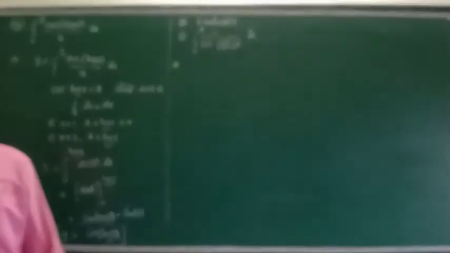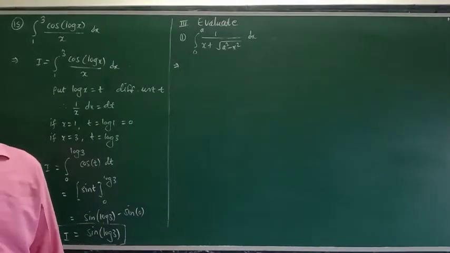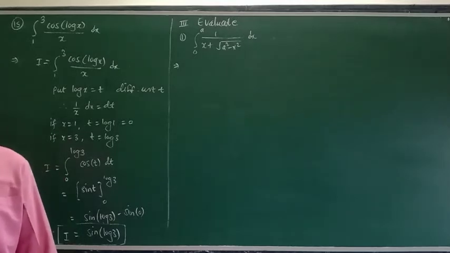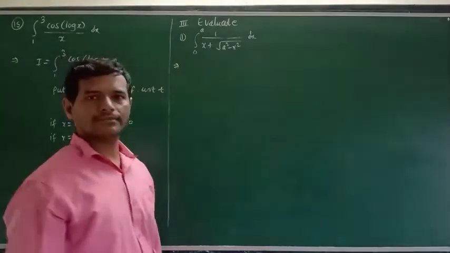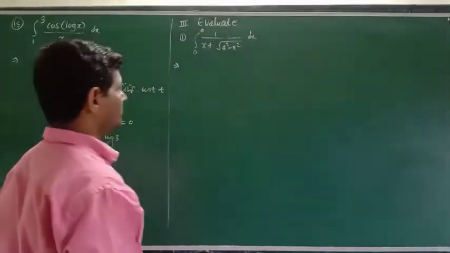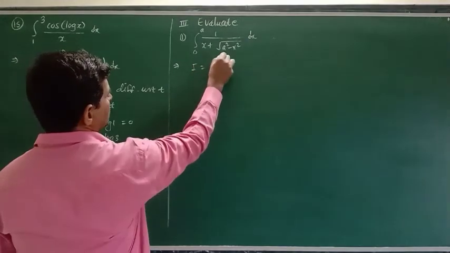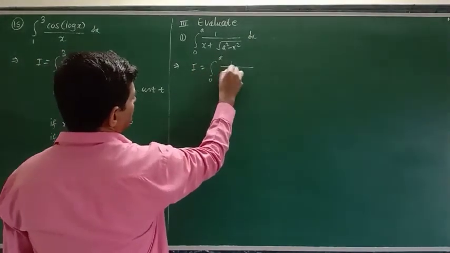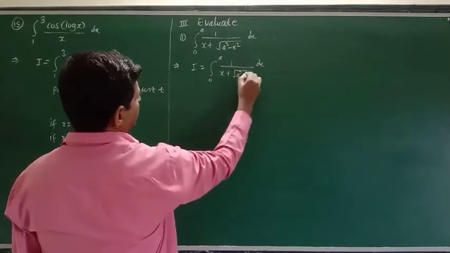For this particular example, first I use a substitution and then I can use the properties. I denote this integral as I, from 0 to a of 1 upon x plus square root of a square minus x square dx.